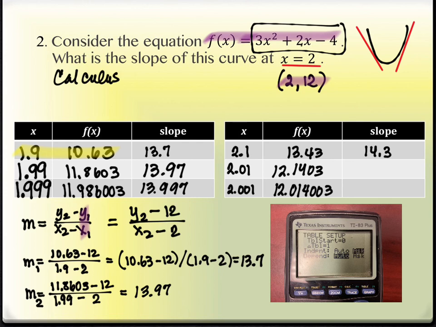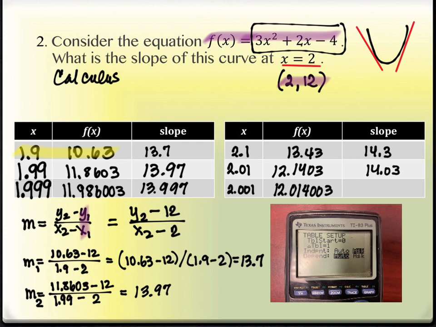Okay, how about the second one? 12.1403 and 2.01. Is everybody getting the same things with the 14.3 and the 14.03 on these?